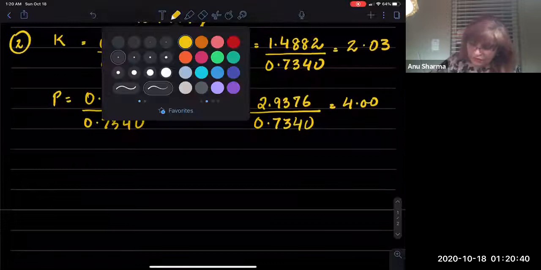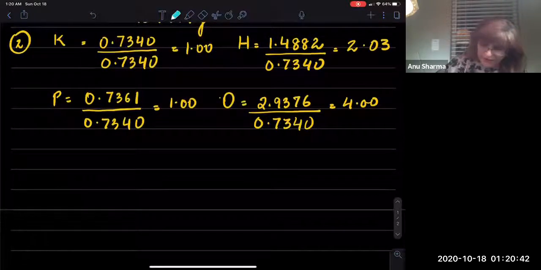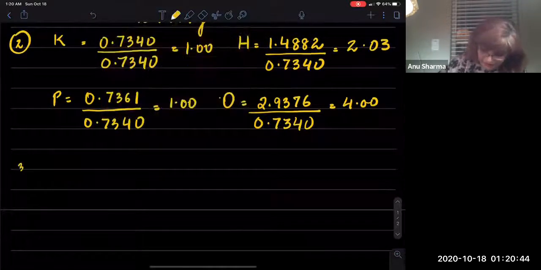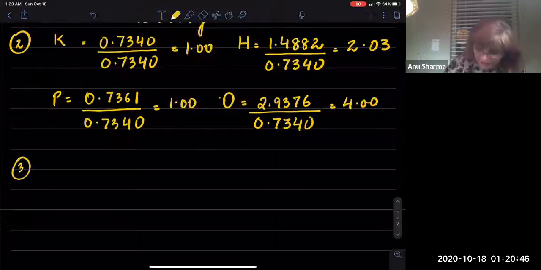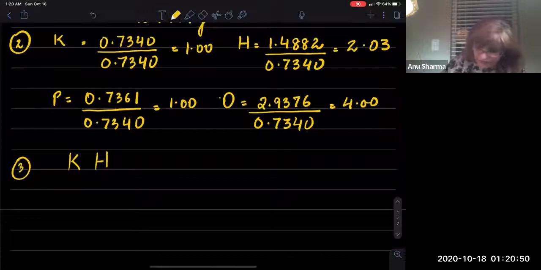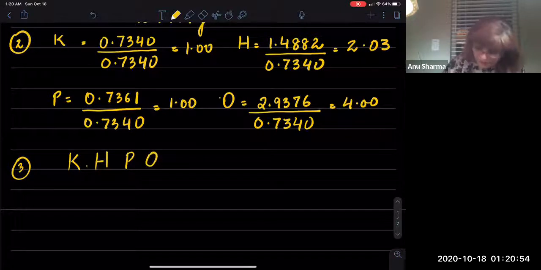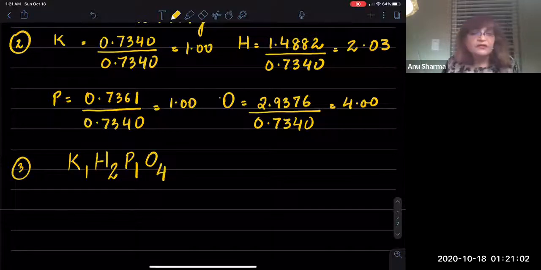So now we are going to put them in the empirical formula, the last step, and that is the third. The empirical formula is potassium, hydrogen, just write this down first, phosphorus, and oxygen. So potassium is 1, hydrogen is 2, phosphorus is 1, and oxygen is 4.